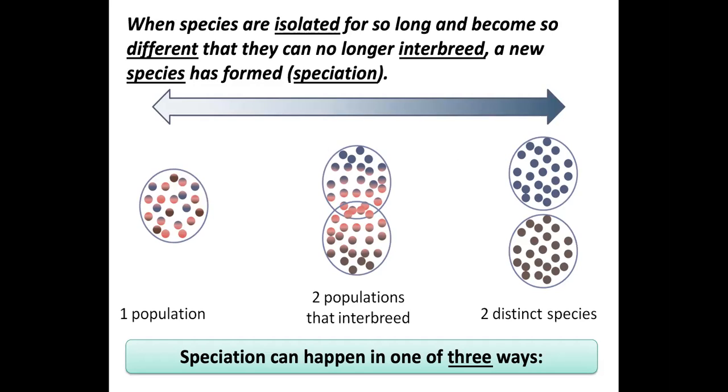If a species is isolated for a long period of time, eventually they're going to become different, because if they're isolated, they have to be able to adapt, to be able to survive and reproduce. So speciation can happen in one of three ways that we're going to talk about.